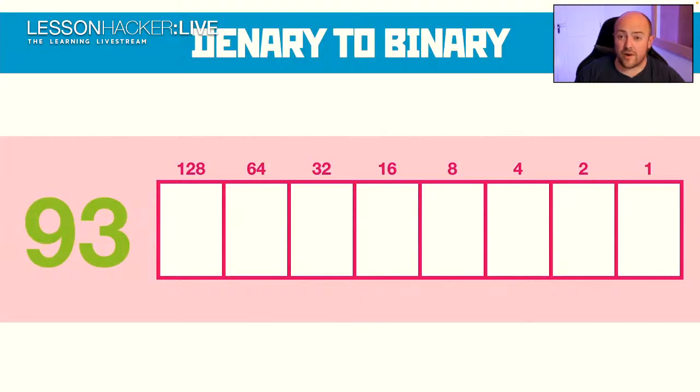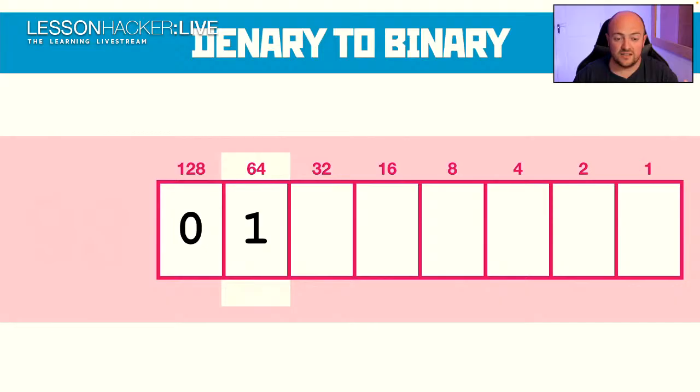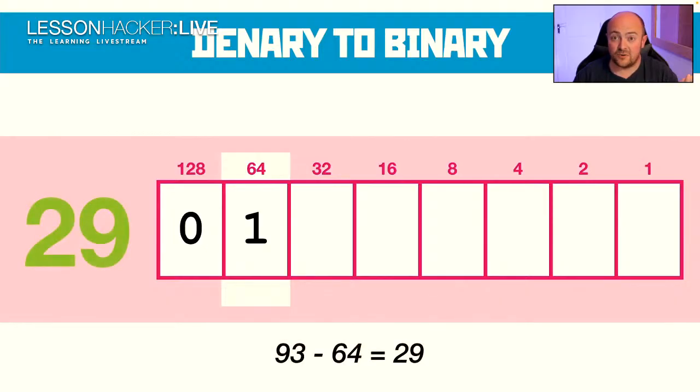Okay, doing it the other way around, turning from denary to binary. Draw out your table with your place values and go from left to right. Every time you're moving, you're saying, can I take that away from the number I've got on the left-hand side? I can't take 128 away, but I can take 64. So I can take 64 away. If I take 64 away, that means I've used it. So take 64 away from the number, and that's what we're working with.